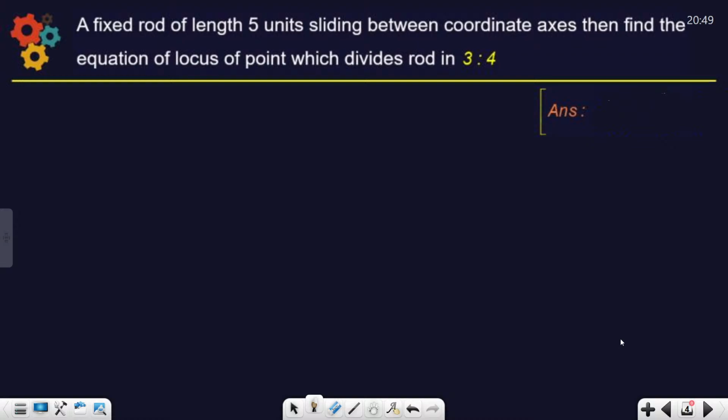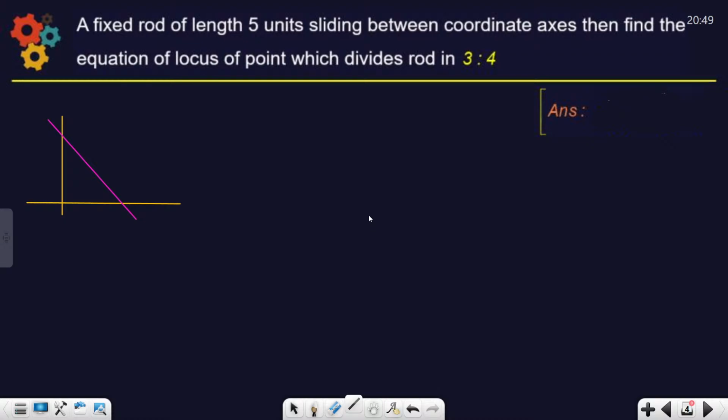The question is: a fixed rod of length 5 units is sliding between the coordinate axes. Now there is a fixed line of 5 units which is sliding between these coordinate axes.